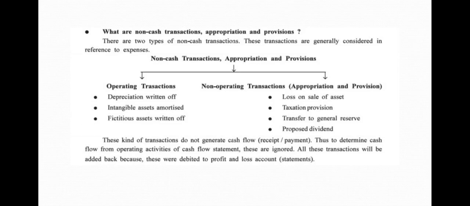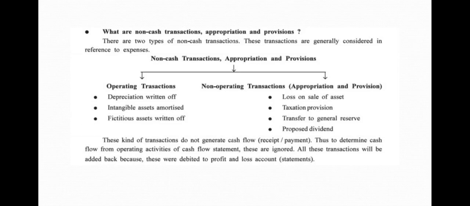Out of that, operating transactions: depreciation, amortization of intangible assets, fictitious assets written off. And non-cash transactions that are non-operating, that is appropriations and provisions, which are loss on sale of assets, taxation provision, transfer to general reserve, proposed dividend.